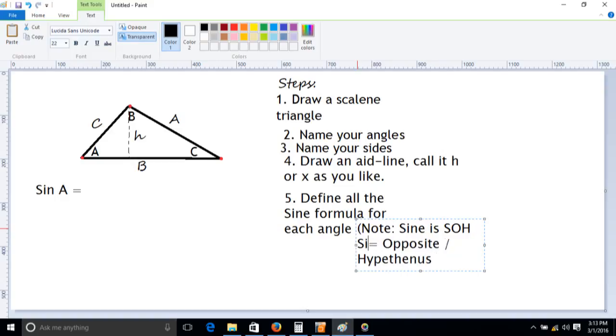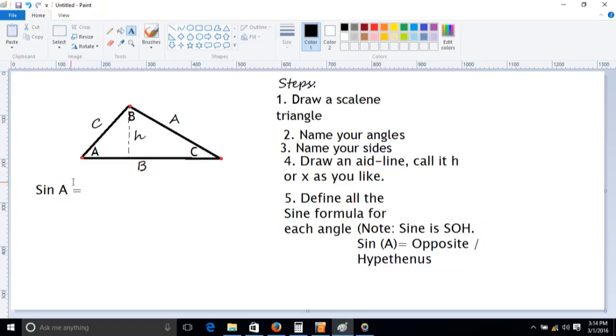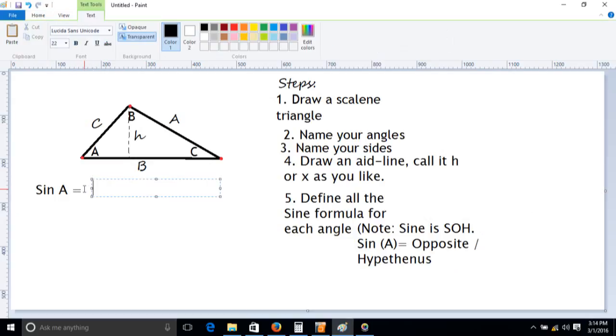Sine of an angle, for instance angle A, is opposite over hypotenuse. So what is the opposite of sine A? The opposite of sine A is side H, right?